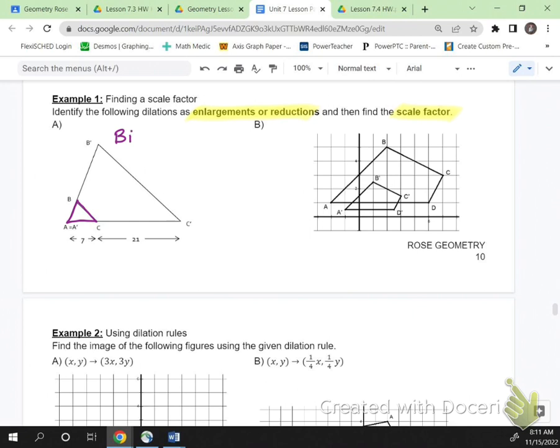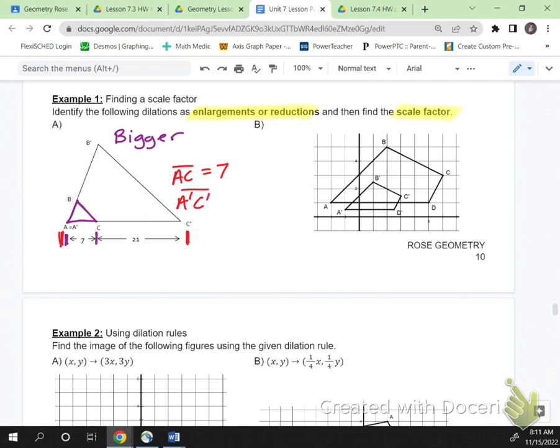So you can write enlargement or you can say it's gotten bigger. You don't have to write out enlargement. You can use bigger. And now I need to figure out the scale factor. So this side, AC, is 7 units long. What is the total for A prime, C prime, right? AC is 7.